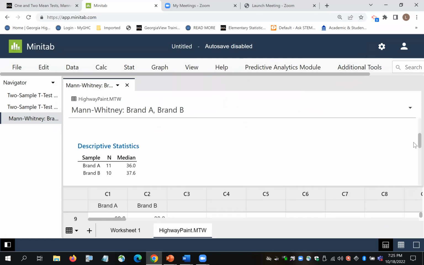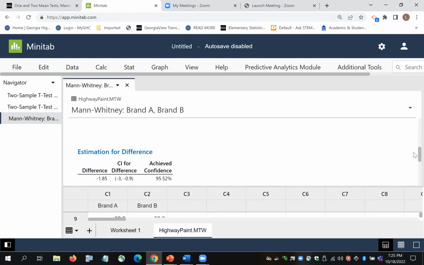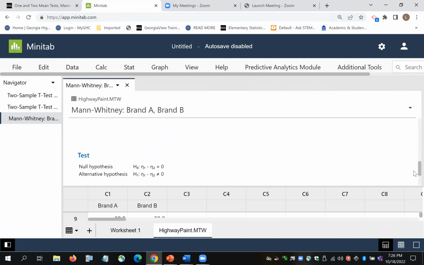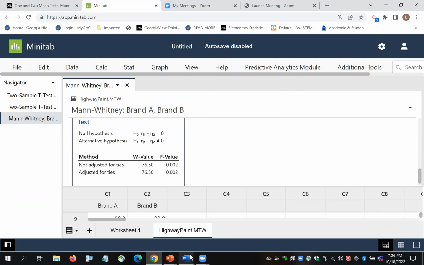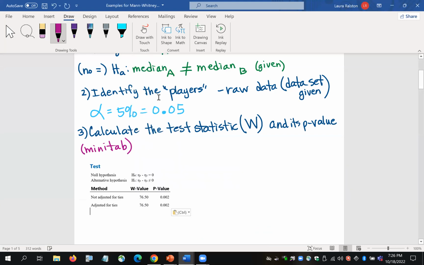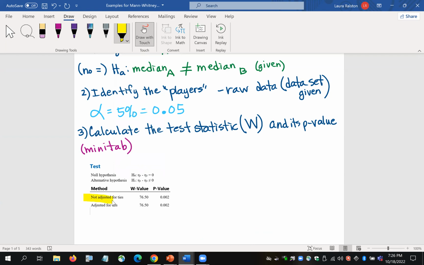Again, Minitab does a variety of things. It actually does calculate the median for each sample. It gives me the estimation for difference if I needed it. What I need is the test results. Okay, in this course, we use the top row that's not adjusted for ties.